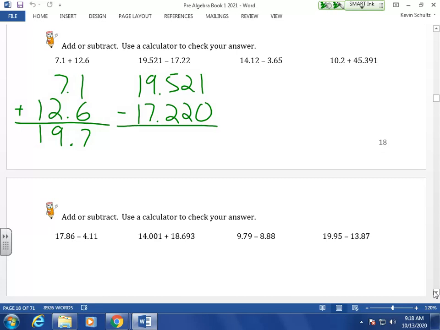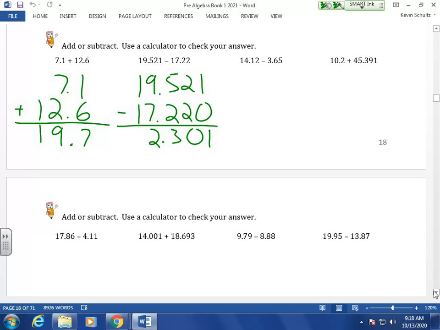But now it's just that vertical subtraction, right? 1 minus 0 is 1. 2 minus 2, 0. 5 minus 2, 3. Bring down the decimal. 2. And then the ones cancel out, 2.301.